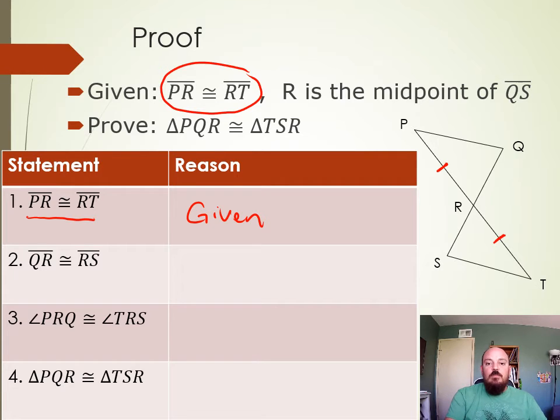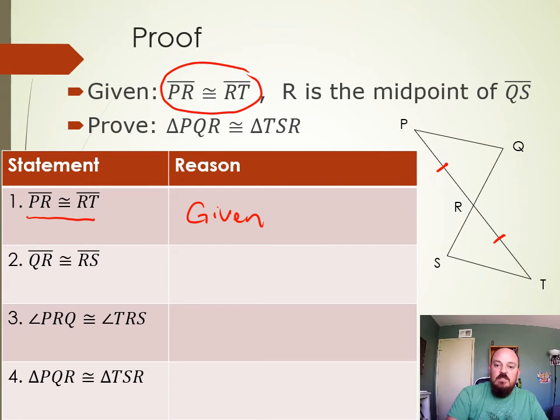Okay, now, the second piece of given information says that R is the midpoint of QS. Now, the definition of midpoint is something we talked about in the last assignment. A midpoint means middle point. I mean, it kind of tells you what it is. A midpoint is the point exactly halfway on a line segment, and it cuts it into two equal or congruent pieces.